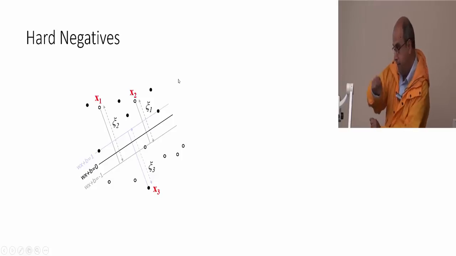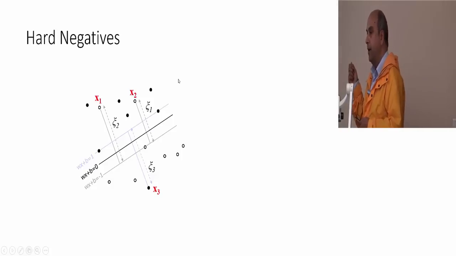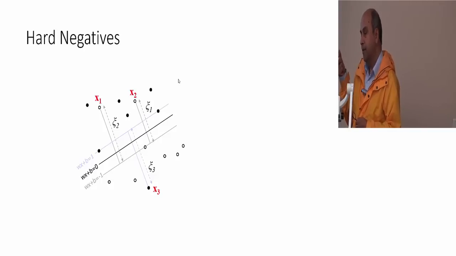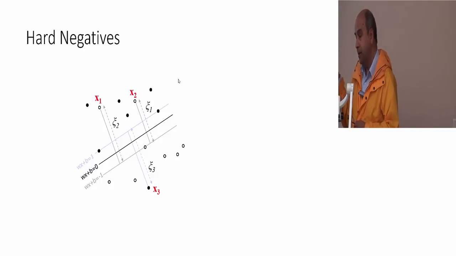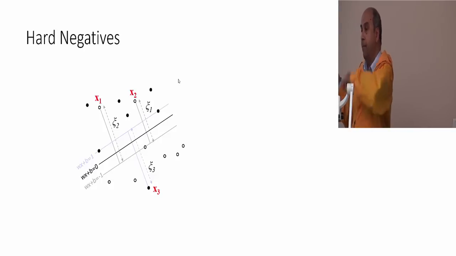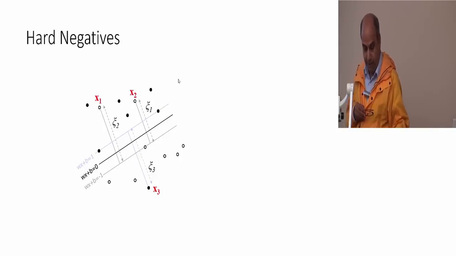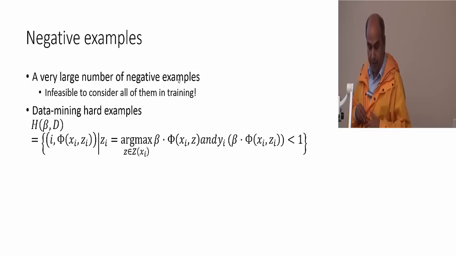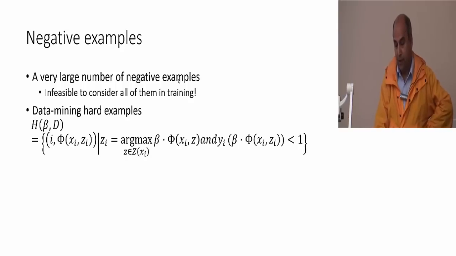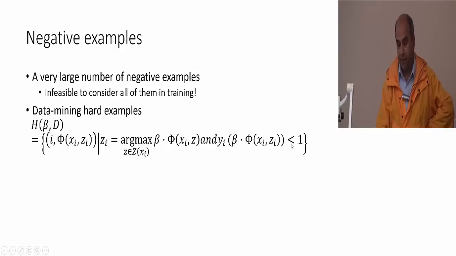So they took a jump, somehow through the features and so on. It should be negative, but it became positive, all the way on the other side. And these are called hard negatives. For those hard negatives, we will have this condition: if yi is -1, this will be greater than 1, or generally we'll have this less than 1.